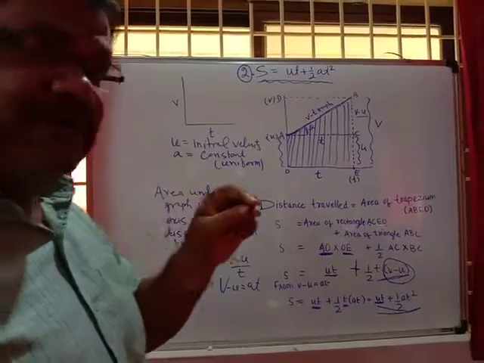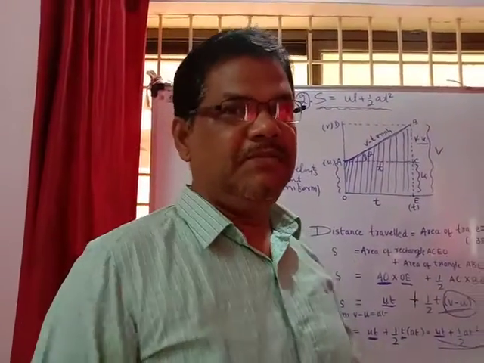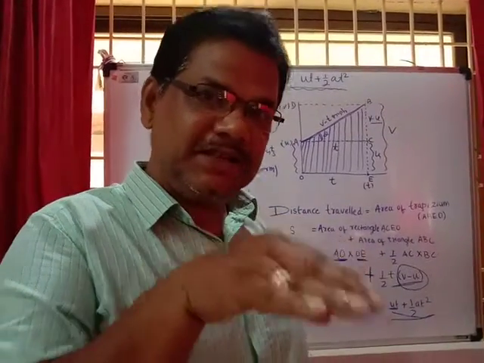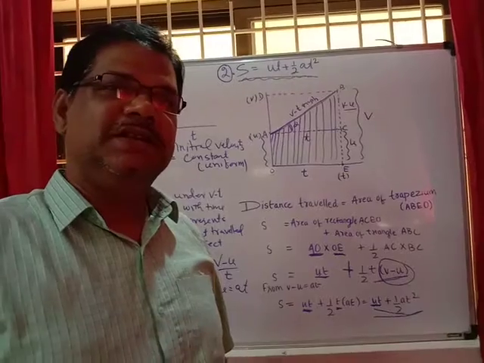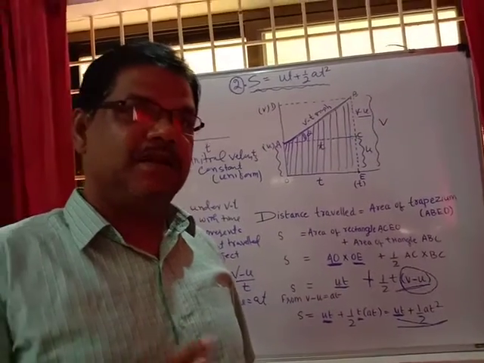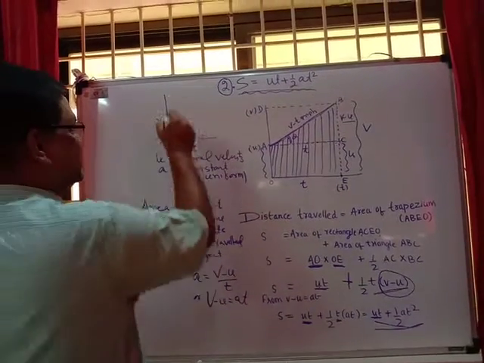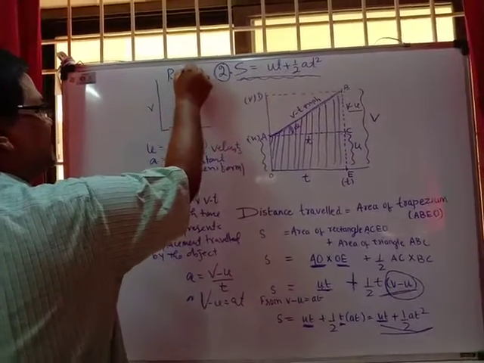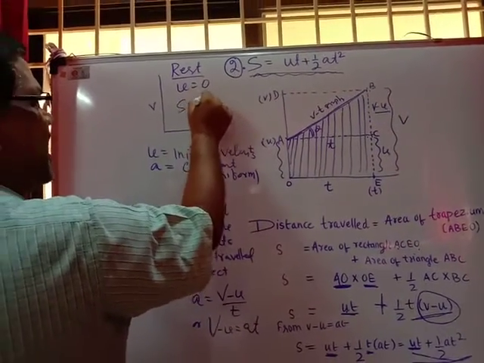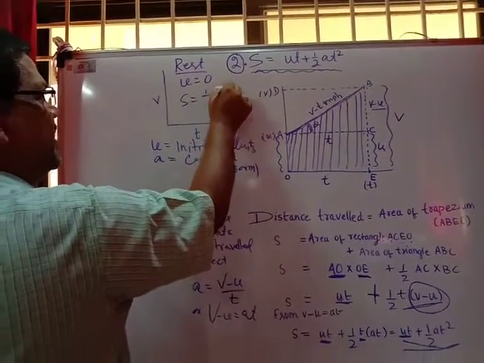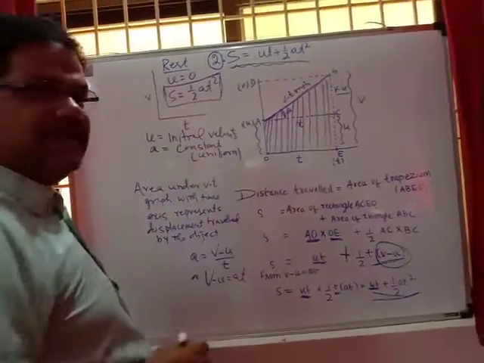If the object starts at rest, u will be taken as 0, and s will be equal to half at square.